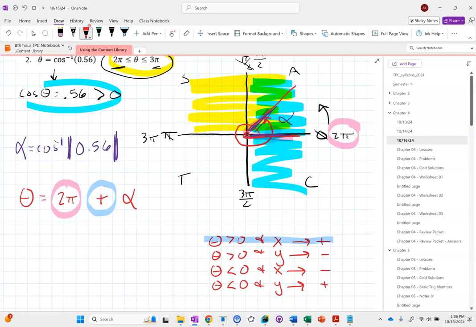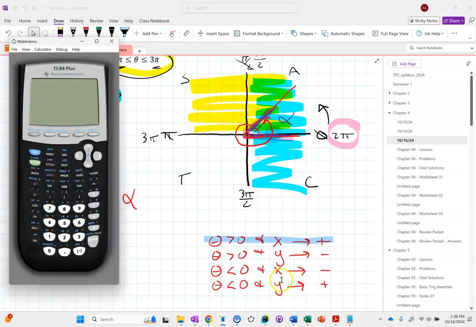So the reason I'm drawing my picture is to figure out that equation for theta. Then plus or minus alpha is going to give me my answer. So far, so good. At this point, I can fire up my calculator.